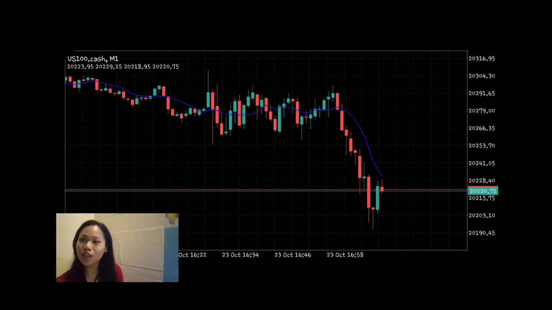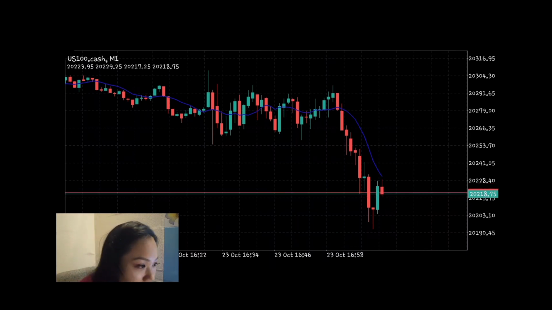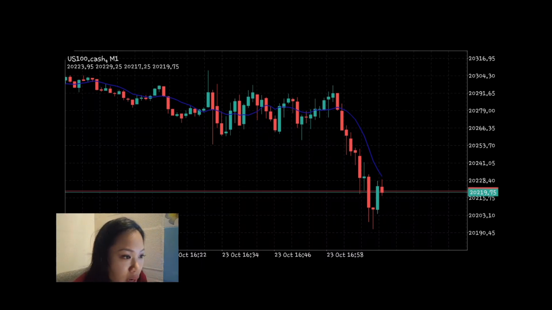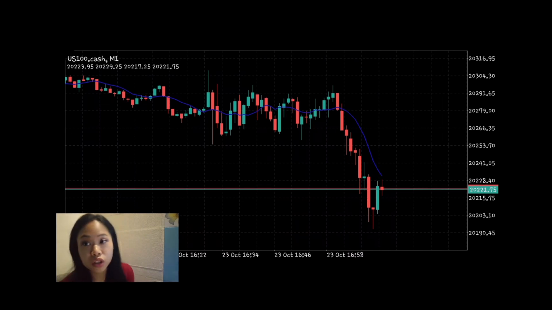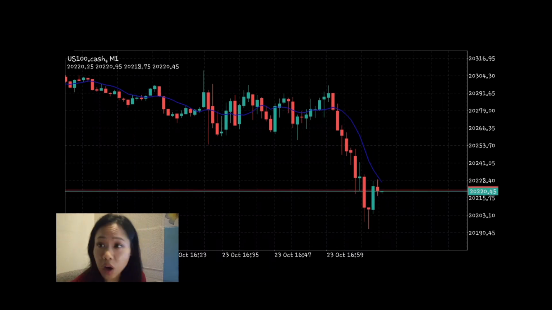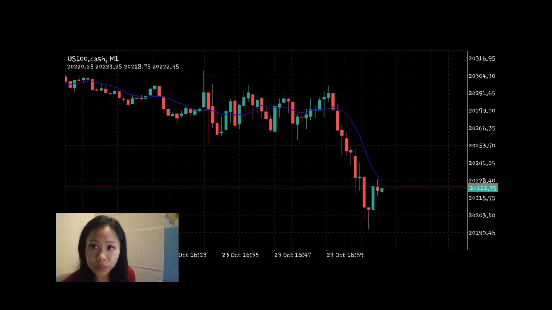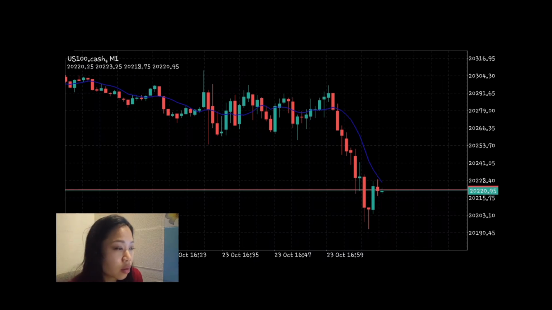I made $3. Oh, I made $3. So now I know that risking 0.05, that's not enough, because I just caught that move and I only made not even $4.